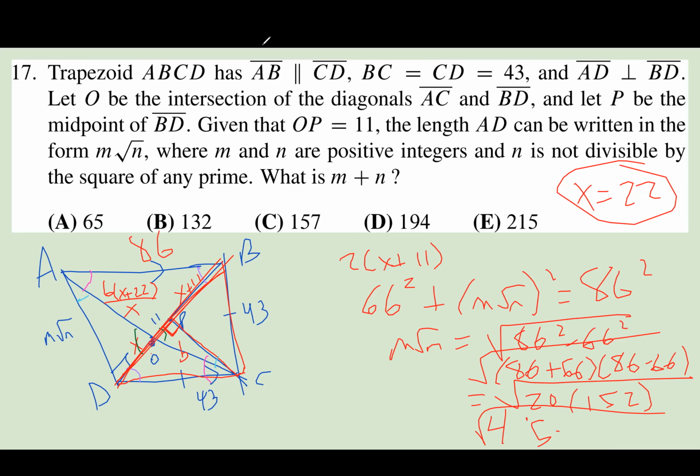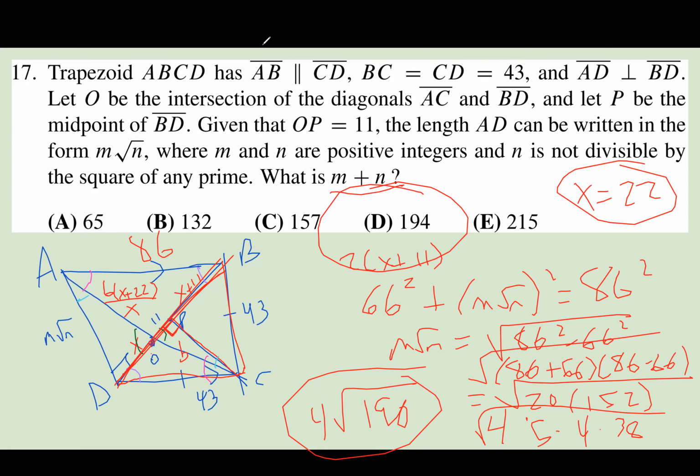So that would be 38. So 4 times 38. So what we'd end up with is we would have 4 root 5 times 38. 5 times 38 is 190. So the answer is 4 root 190, but the question wants m plus n. 4 plus 190, 194. So I'm sure you guys can see why that question drove me absolutely insane.